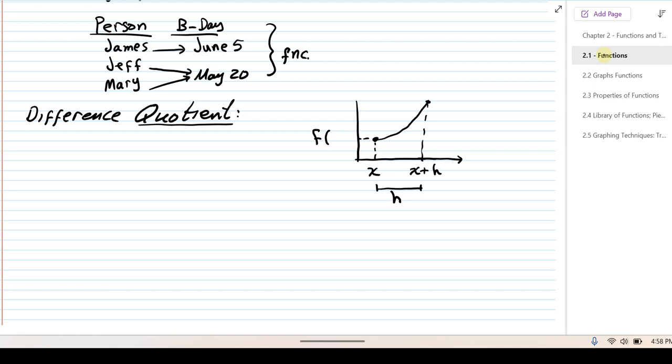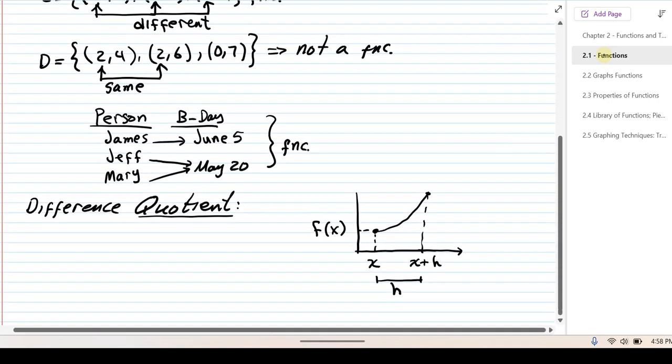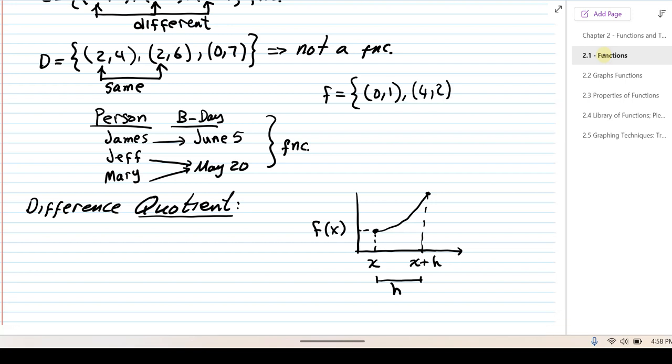Now, f of x would be the value of the function. One thing I didn't mention: we use function notation. So we say f is, for example, the set 0, 1, 4, 2, 9, 7. So we use f for the function. Now, generally, we use an algebraic expression to represent functions, right?